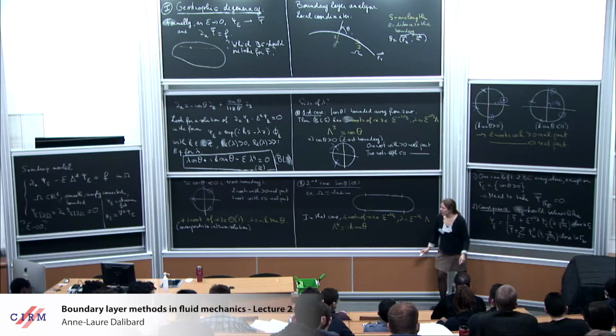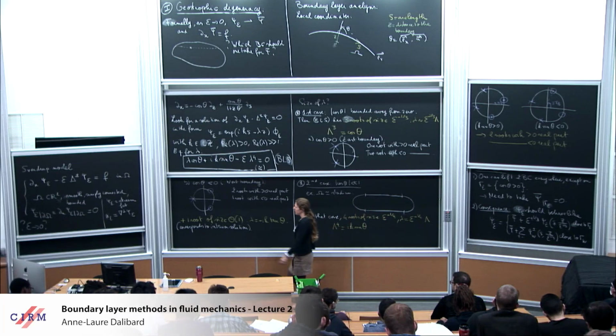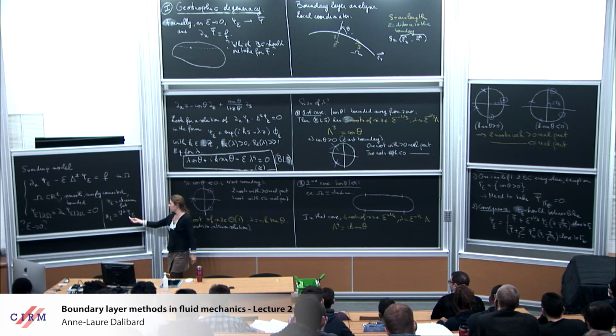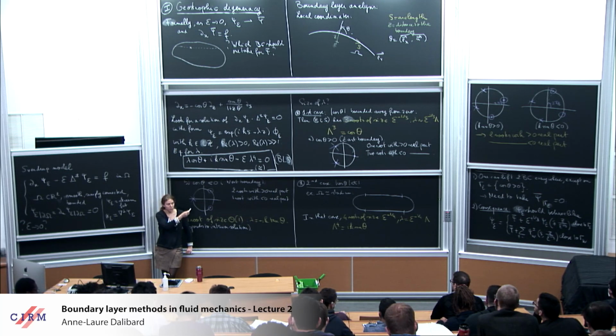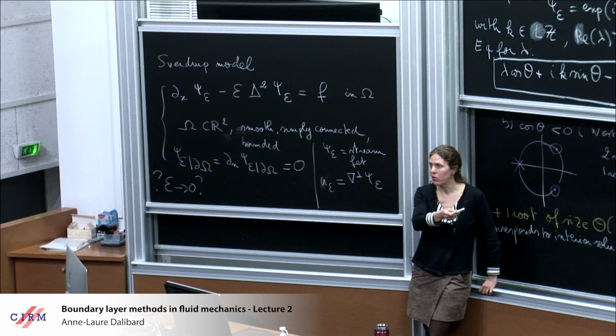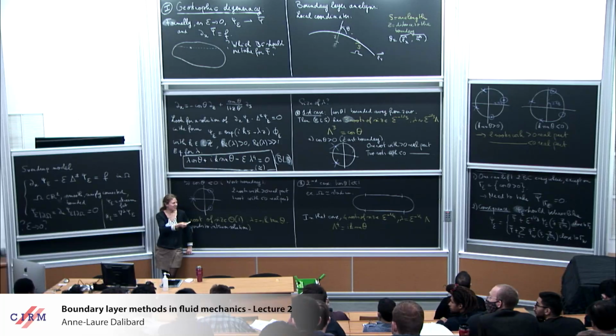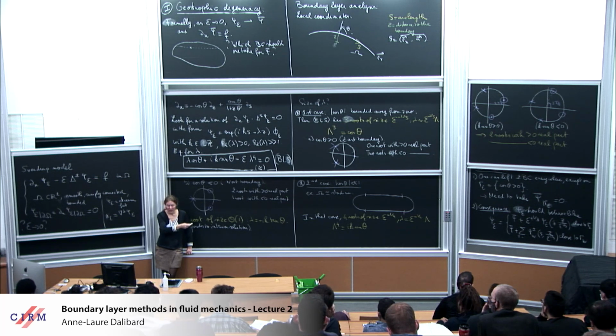And now remember that U epsilon is the orthogonal gradient of psi epsilon. Okay? So this is the stream function. The stream function itself is bounded. But if you want to look at the velocity, then you need to take the orthogonal gradient of that quantity.